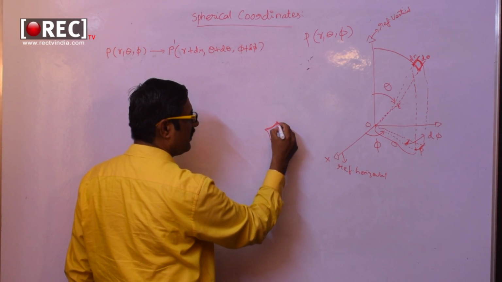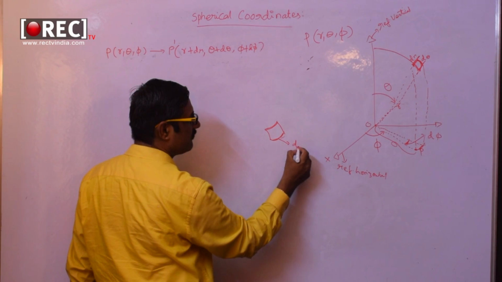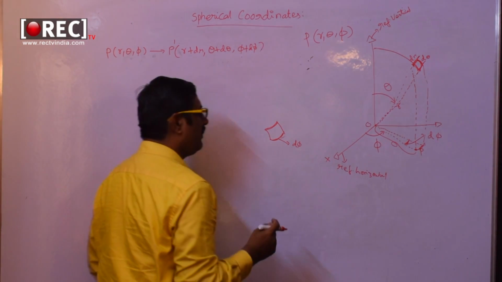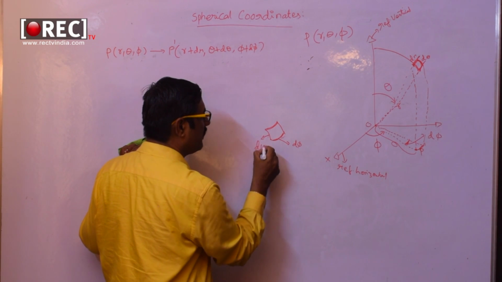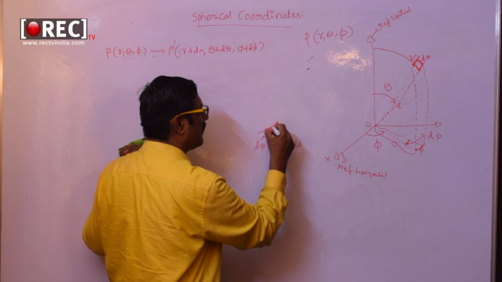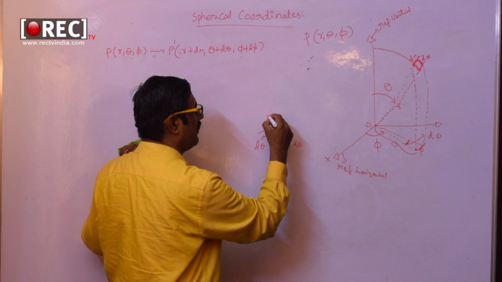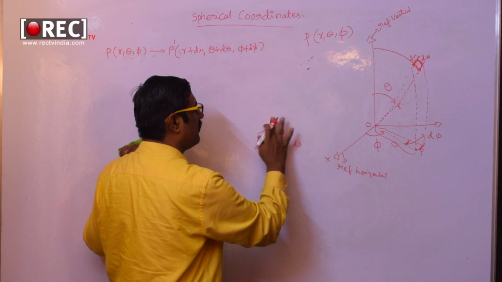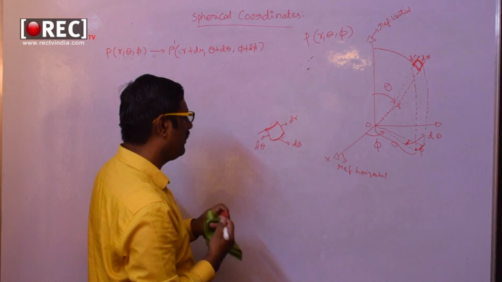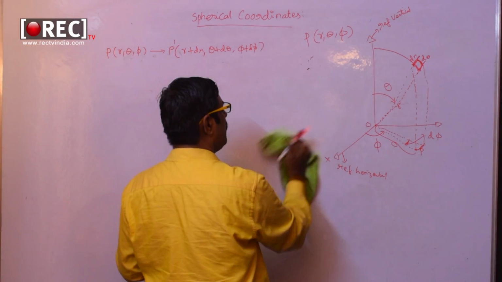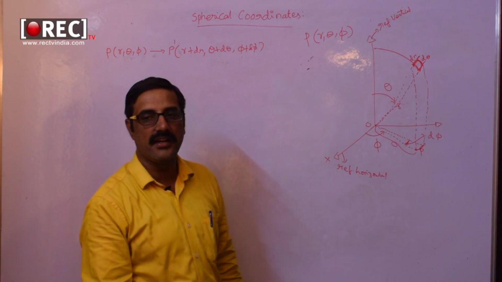This is the increment in the phi direction, which you can simply call d phi. This is the increment in the theta direction, so it is d theta, and this I can call dr. In this way we can visualize the increments in the three directions r, theta and phi.